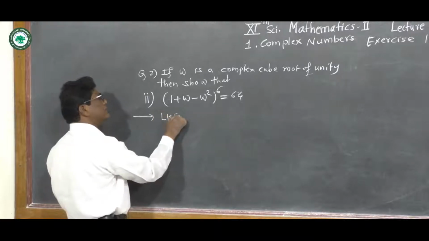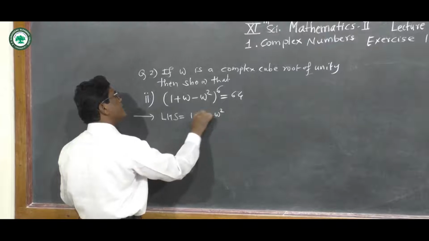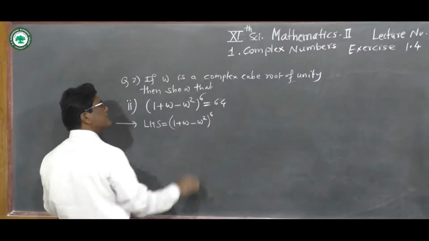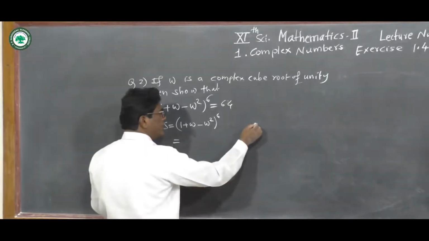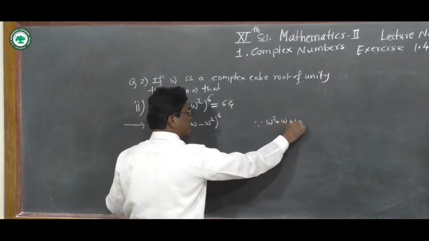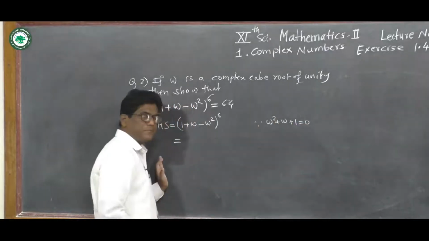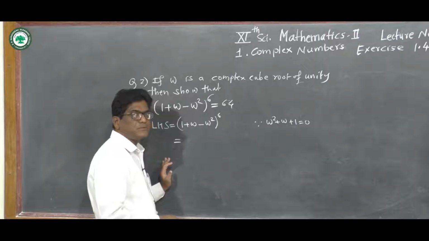LHS is equal to (1 plus omega minus omega square) to the power 6. So it is equal to, now here we have the relation omega square plus omega plus 1 is equal to 0. Important formula. Addition of cube roots of unity is equal to 0.